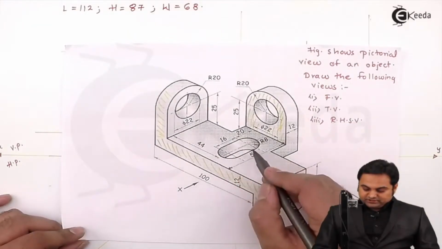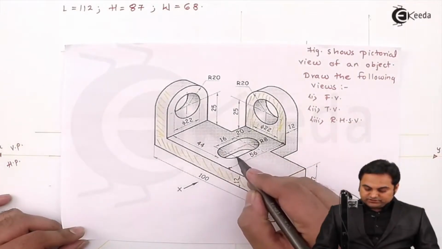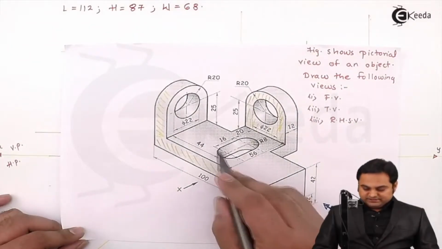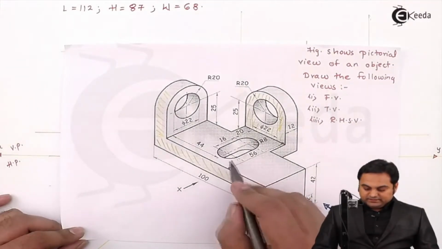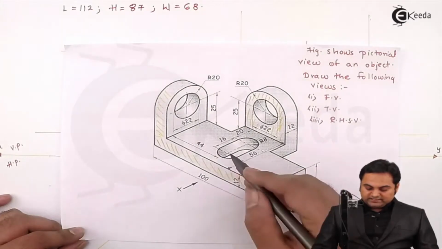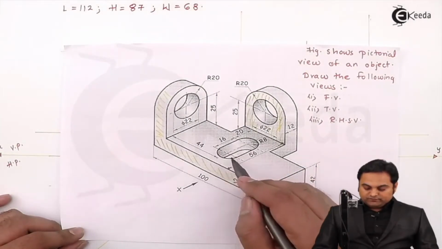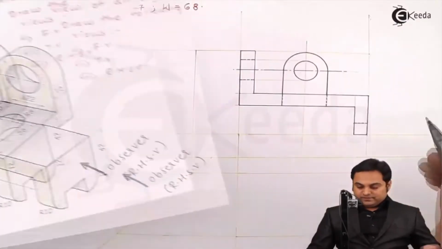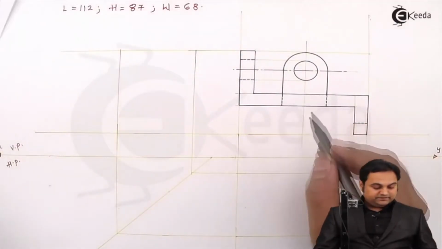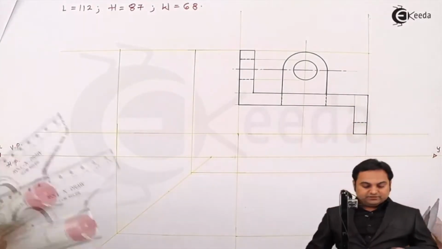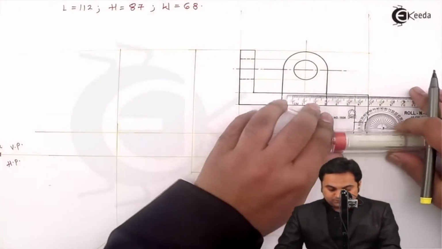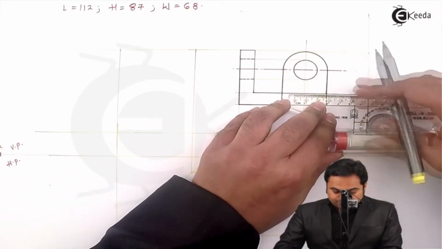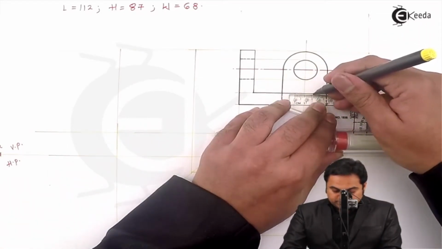Here there is a semicircle having radius 8, so its length corresponds to the diameter, that is 16 mm, and its depth is throughout. As we see here, there is a hole of this shape, so the length of this hole is 16 mm, and it is there inside this plate. So here I have the center of the plate, so I'm measuring 8 mm on one side, 8 mm on the other side.